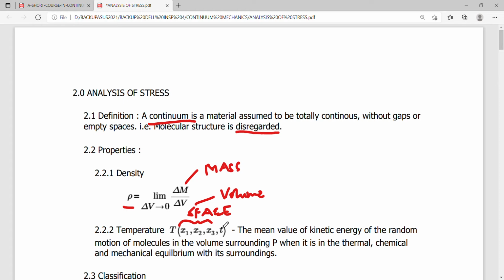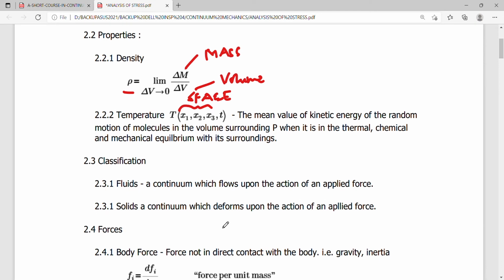So it is then the mean value of the kinetic energy of the random motion of the molecules in a volume surrounding a certain point P when it is in thermal, chemical, and mechanical equilibrium with its surroundings. So holistically, temperature is defined technically in this manner.